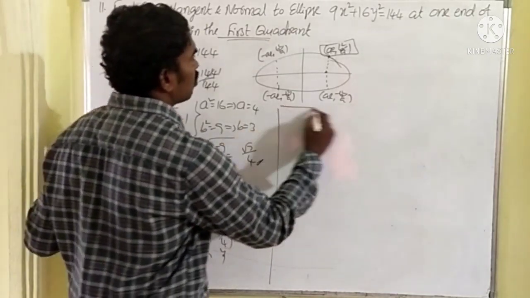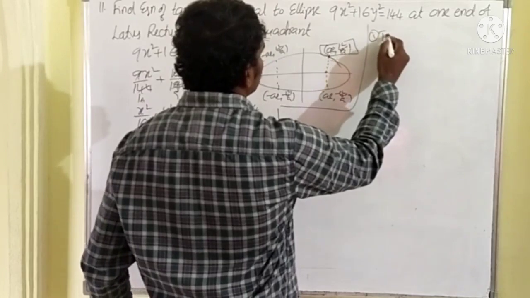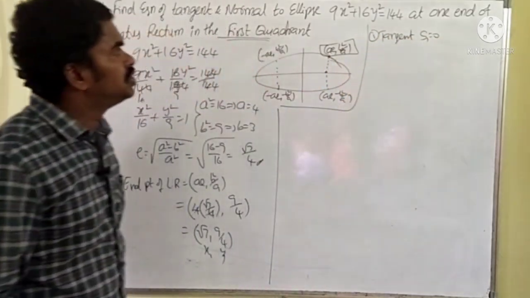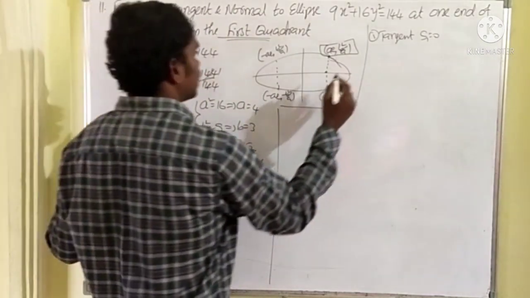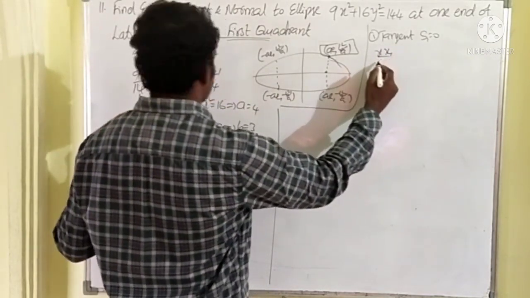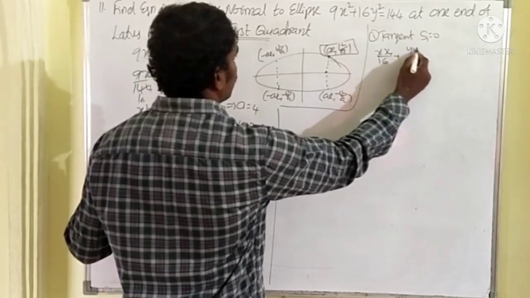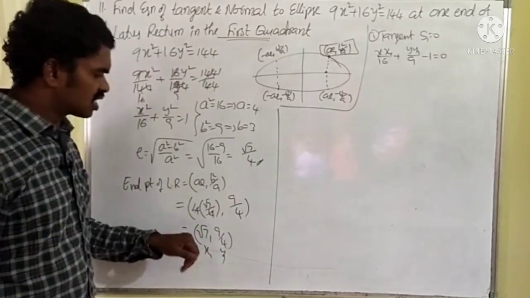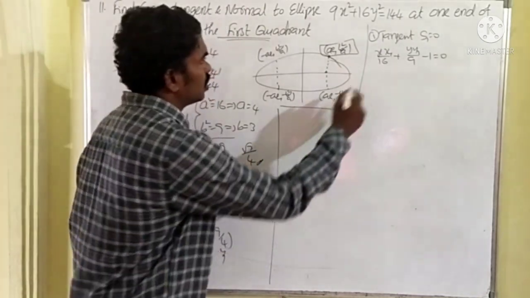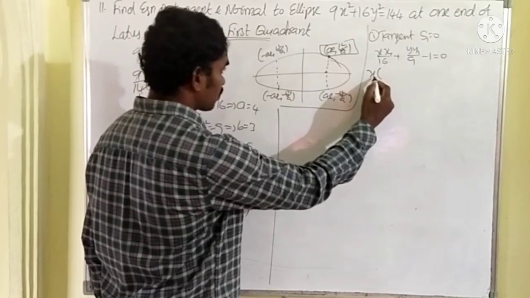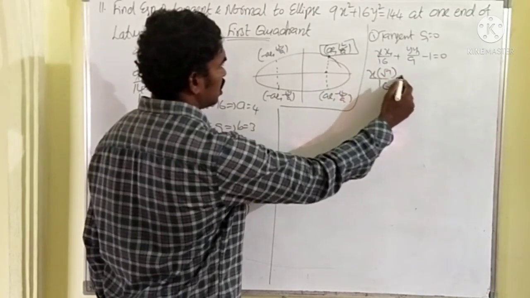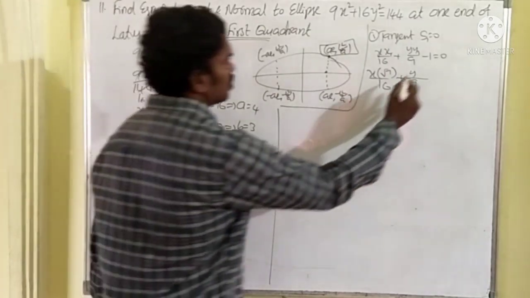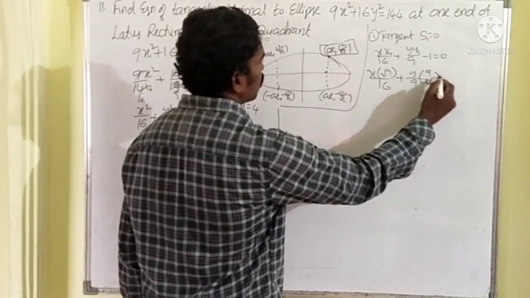Okay, so now the tangent equation. What is the tangent? S1 equal to 0. So what can we write? x x1 by 16 plus y y1 by 9 minus 1 equal to 0. What is x1? Root 7. What is y1? 9 by 4. So x into root 7 by 16 plus y into 9 by 4 by 9 minus 1 equal to 0.